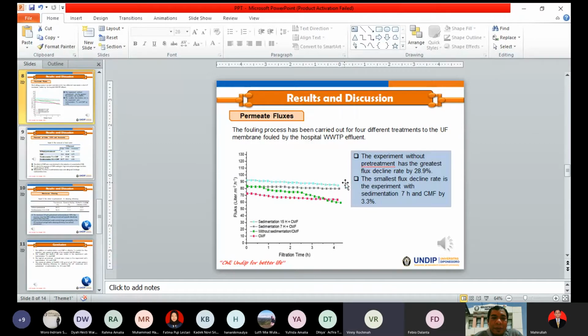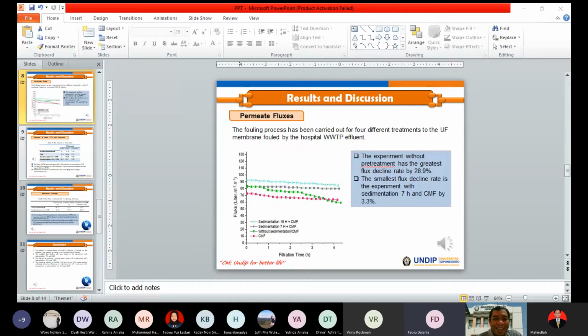Right, so there is almost no change at 7 hours. Maybe the smallest flux decline rate being in the experiment with 7 hours makes the problem, I think so.